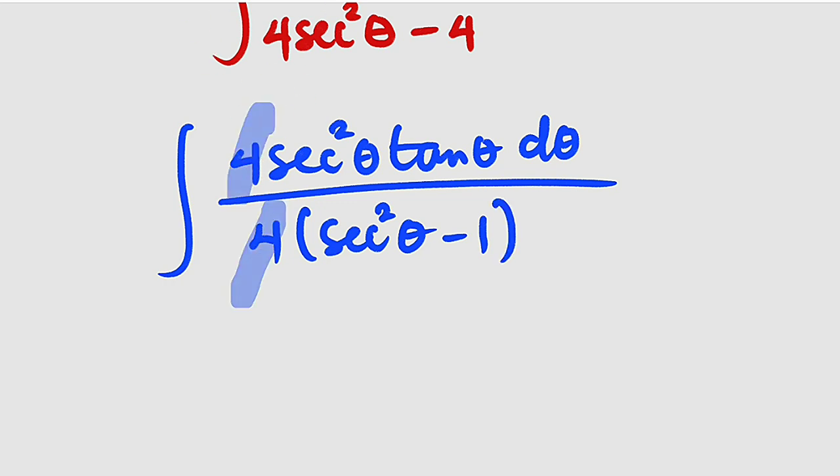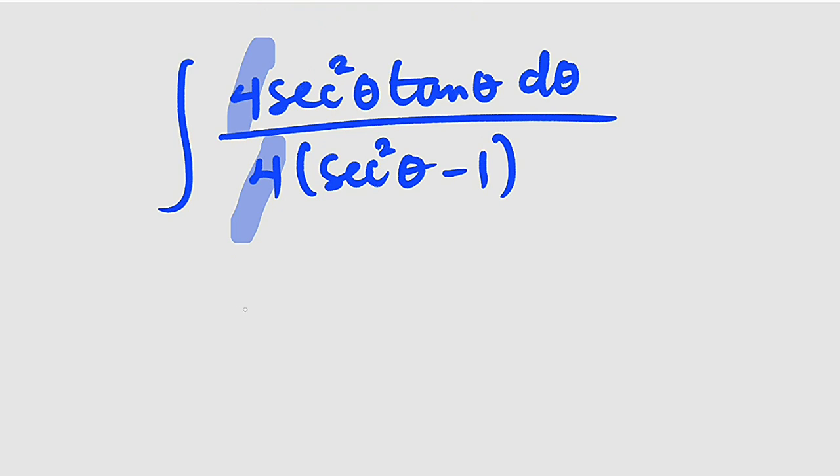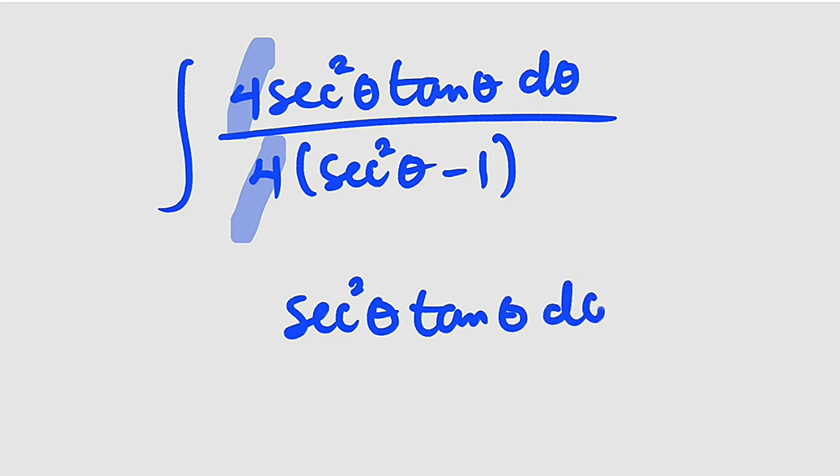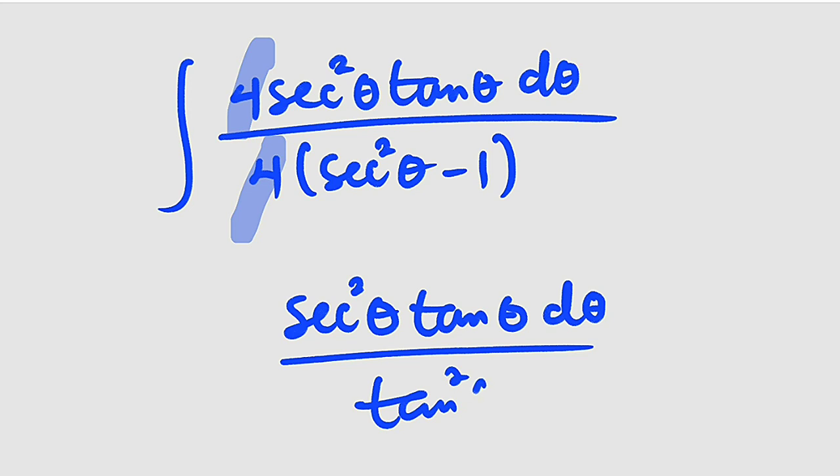And from one of the trigonometric identities, secant squared theta minus 1 is the same thing as tangent squared theta. So to the top we have secant squared theta tangent theta d theta. To the bottom we have tangent squared theta.